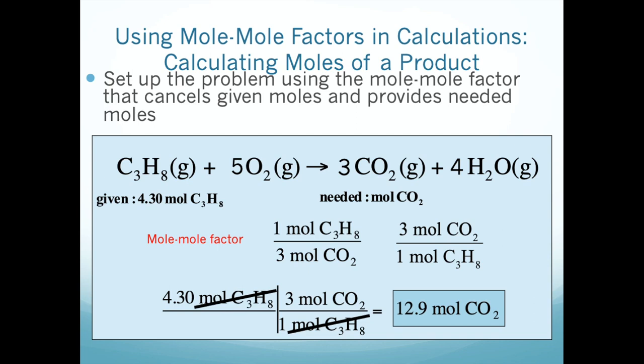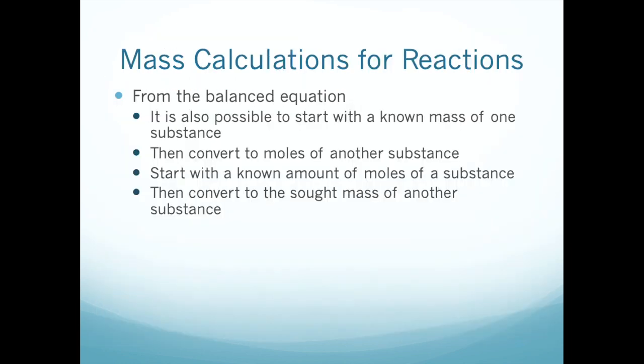Okay, so again, that's how we can use our molar ratio or mole-mole factor to convert from moles of one chemical, propane, to moles of carbon dioxide, the chemical we want. Okay, that's great. So again, I have to stress here that this can only be used for moles.